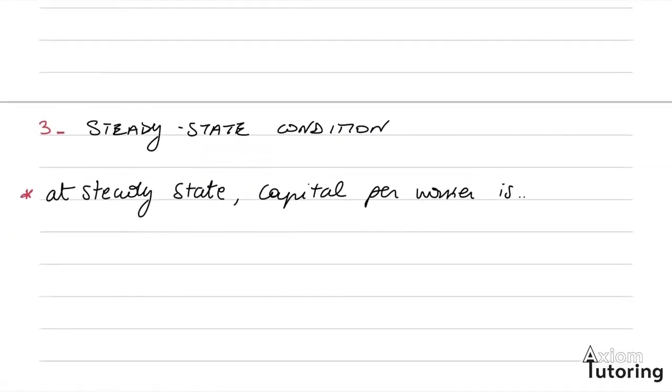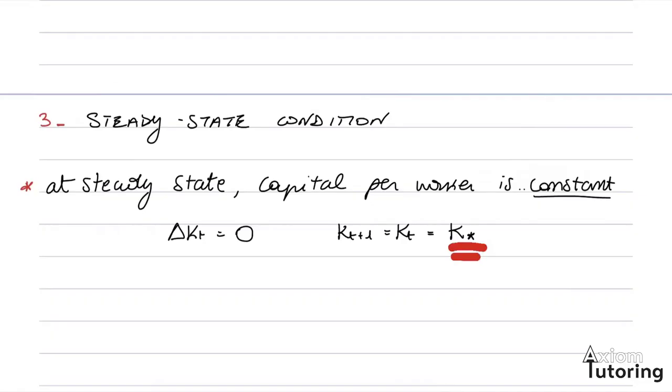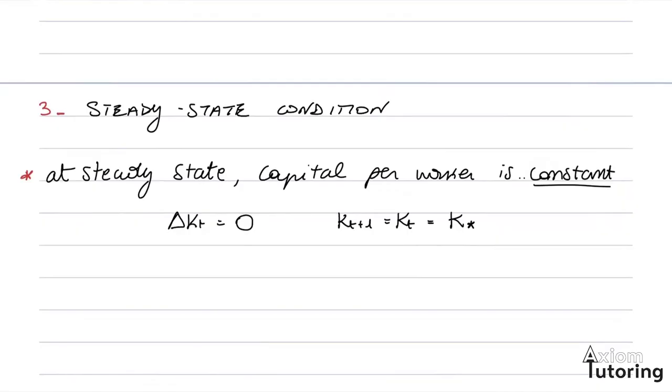Again, we said that in the steady state, capital is constant, meaning that our change in k_t is going to equal 0. And specifically, it means that our capital tomorrow is equal to our capital today. And now, for simplicity, we are going to refer to capital in every period as k star. As in the steady state, capital doesn't change, we can use the same letter for all of the levels of capital.